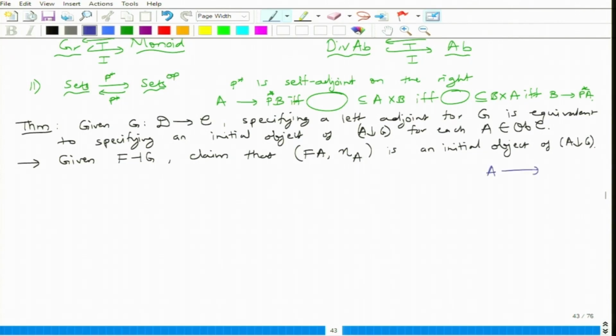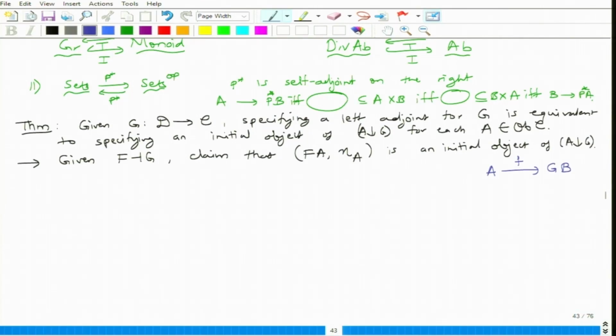It's always A arrow something. Where is A? A is living inside C. So therefore, this arrow should always be inside C. But it's going to another object. For the arrow category, we have to take an object from the other thing. So it should always be GB. Right? So this is just a reminder.